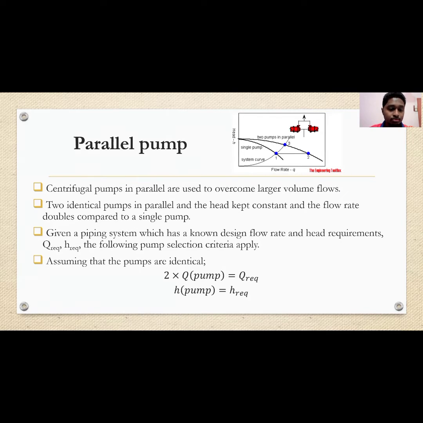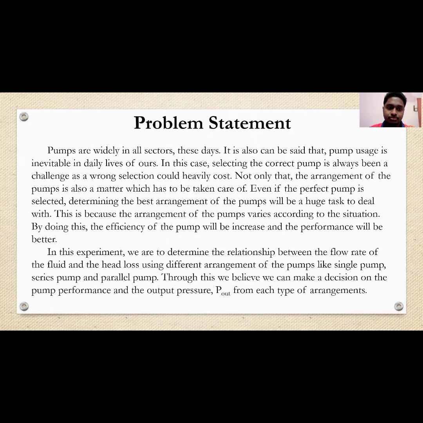We assume that the pumps are identical. So the required design flow rate must be equal to twice the flow rate of the pump, and the head requirement must be equal to the head of the pump.